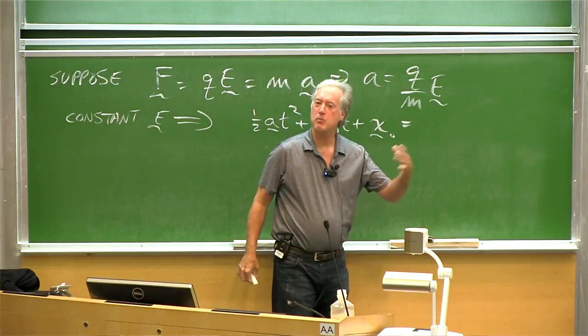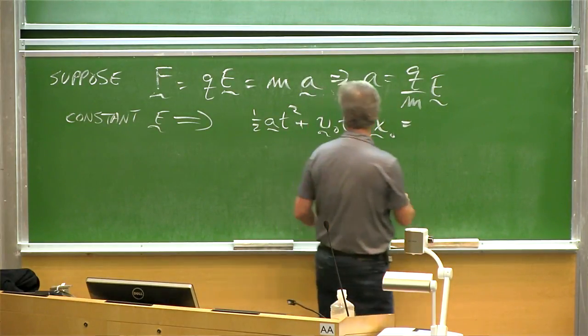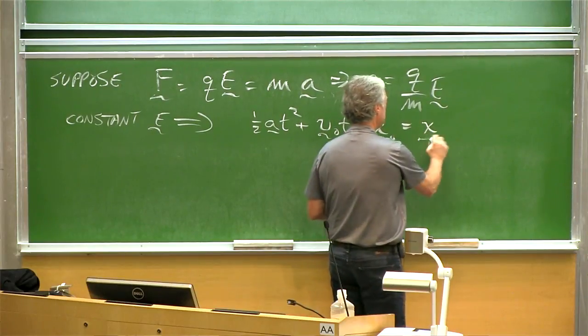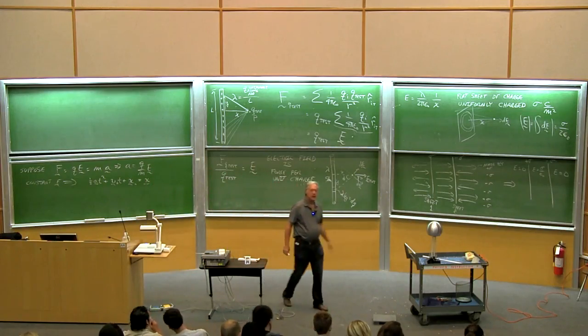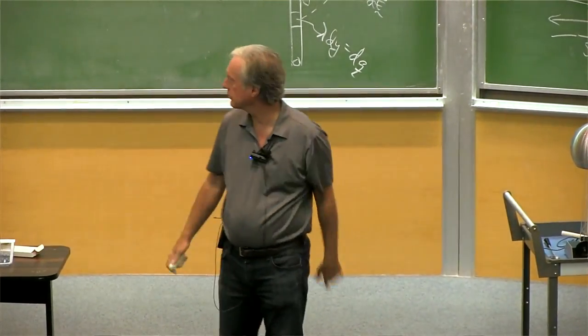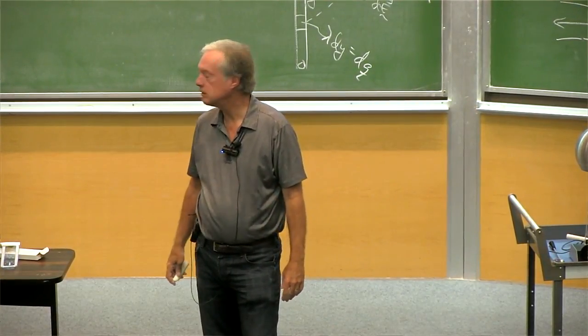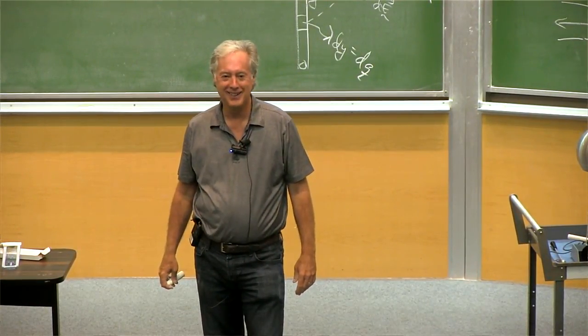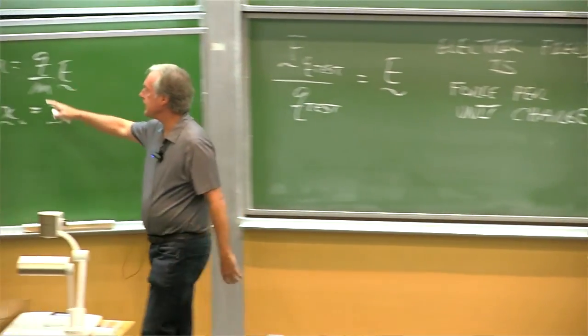It's having to remember physics 3A, isn't it? Oh, dreaded past. The motion of a projectile under constant acceleration has these parabola things going on, right? Did I get it right? So we would just put in QE over M here, wouldn't we?